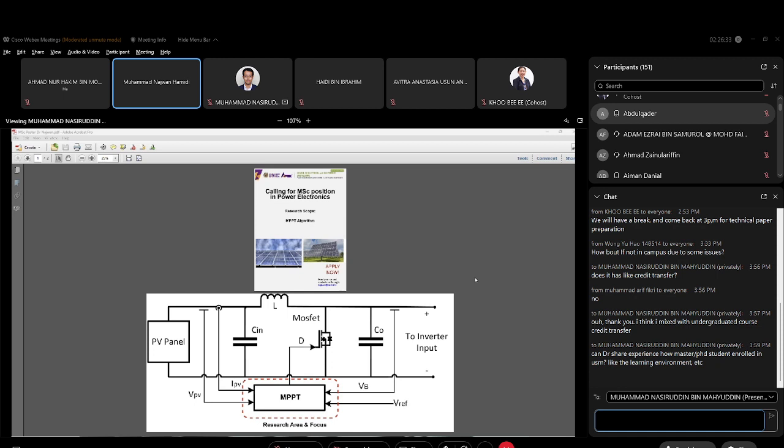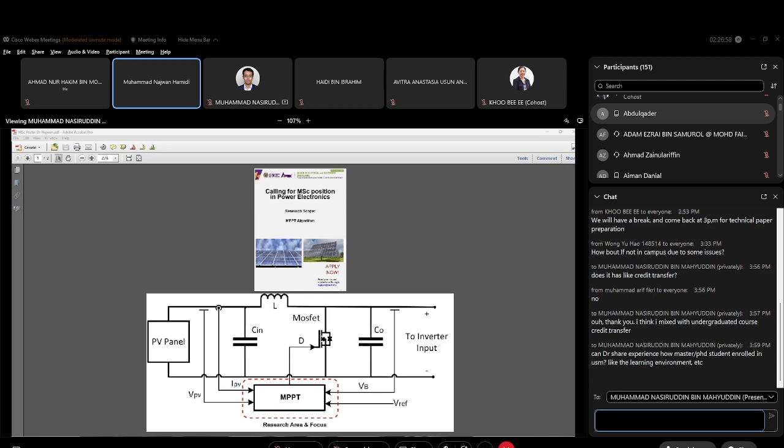So my research interest for this MSc position is basically to come up with an improved MPPT algorithm. This is a slightly broad scope, which we will further tone down as we have further discussion if you're interested.